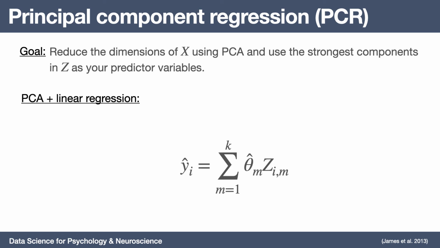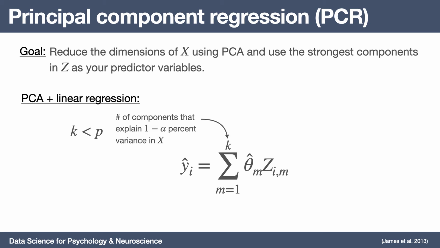The typical form we talk about principal component regression in is that every prediction y hat i comes from a set of regression coefficients, which we're showing here as theta hat, on each relevant principal component, z i. So for principal component regression to work, you have to select the subset of components that are meaningful.